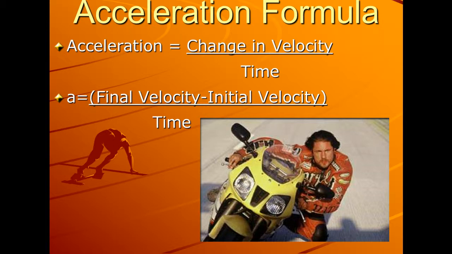And here is the equation in short version. Okay, so final velocity we say is v with a little f, initial velocity v with a little i, and then t for time. Okay, and then a is obviously acceleration.